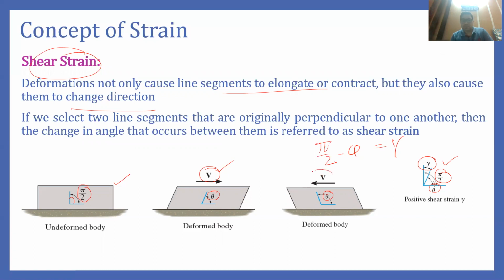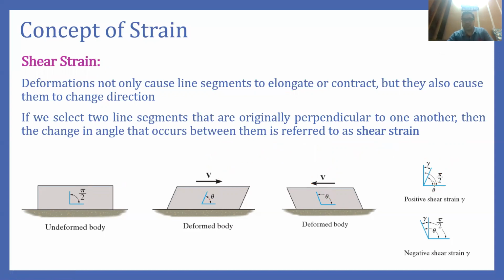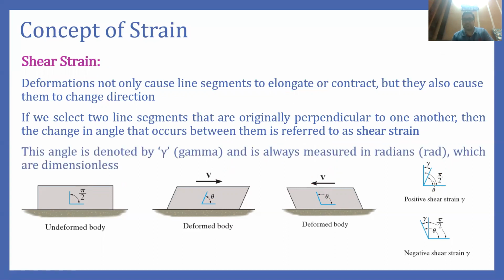Similarly, for the shear strain developed by the force acting right to left, lambda can be calculated as theta minus pi by 2. So this lambda is basically the shear strain, and it is measured in radians because it is a very small angle. We represent shear strain by gamma, and it is measured in radians, which is again dimensionless.